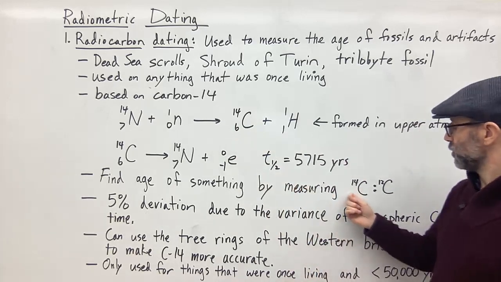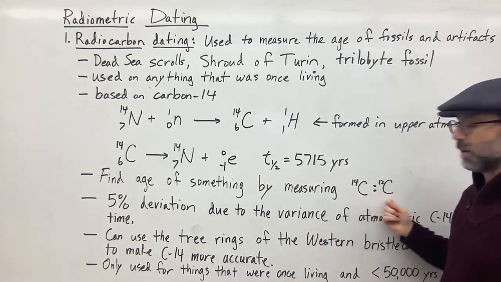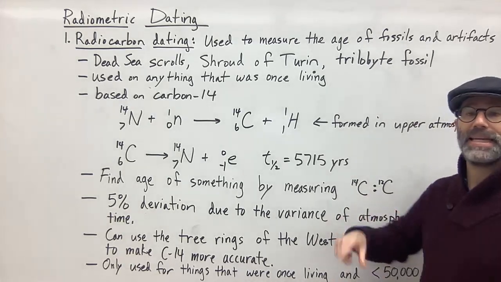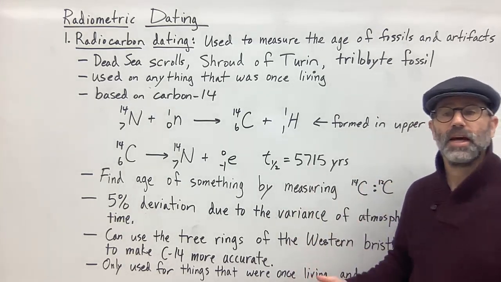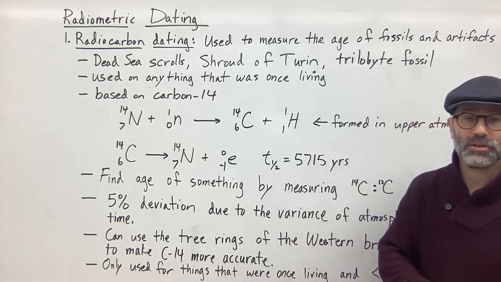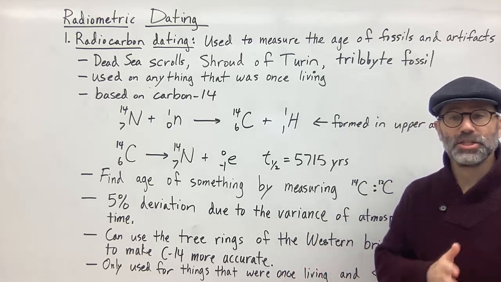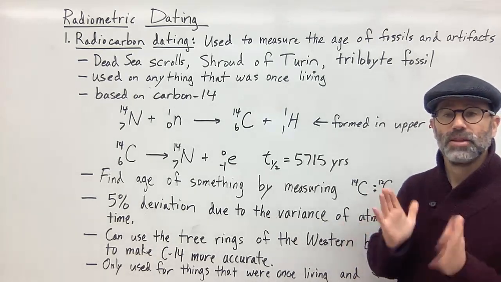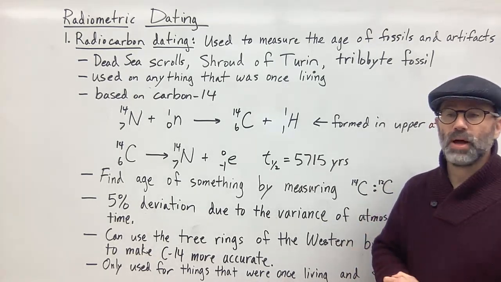So you can get a ratio. You can use this by comparing the ratio of carbon 14 to carbon 12 in the atmosphere presently compared to the ratio of carbon 14 to carbon 12 in the artifact you found. So you can then figure out what the age is.